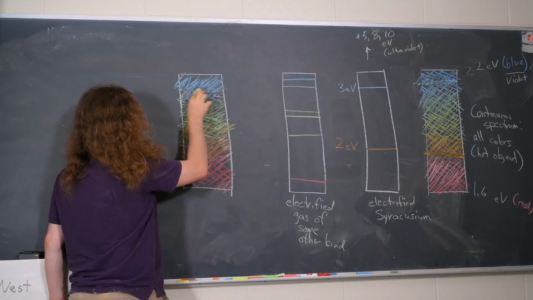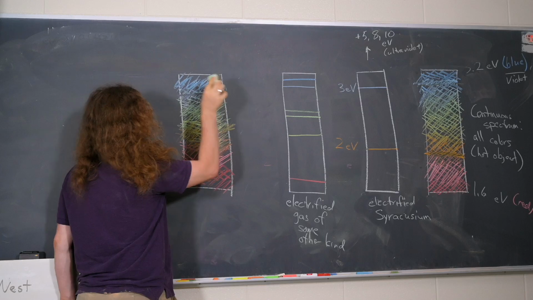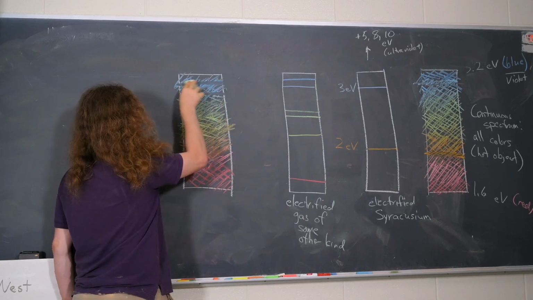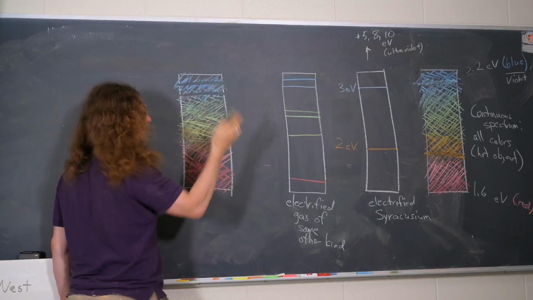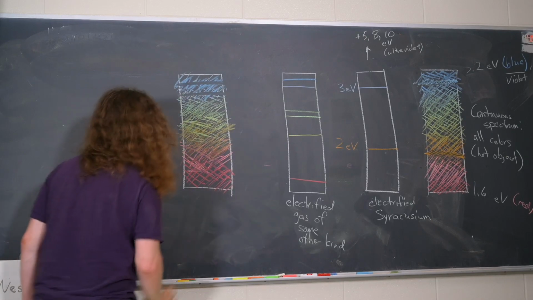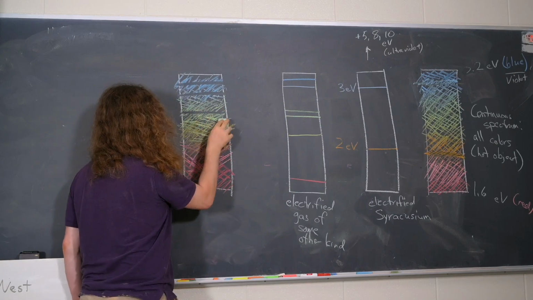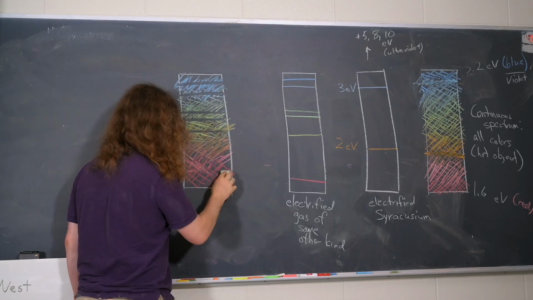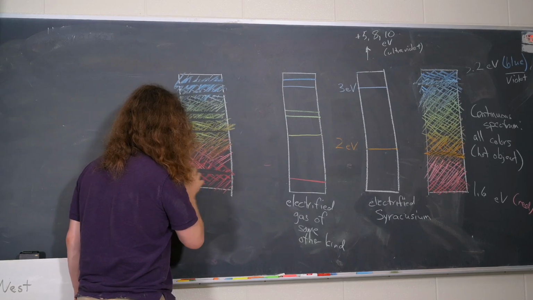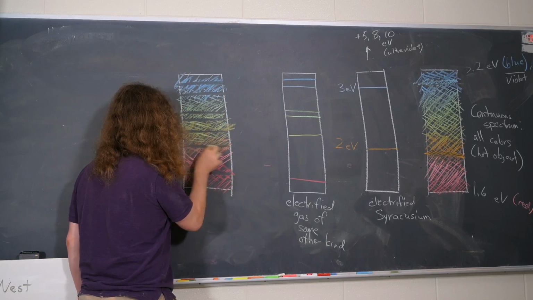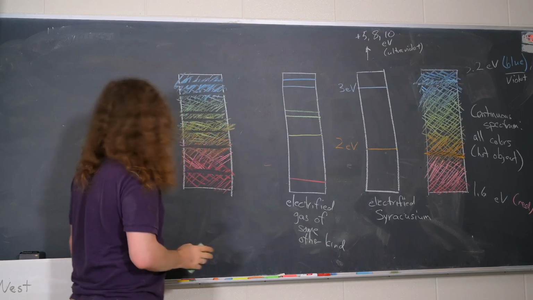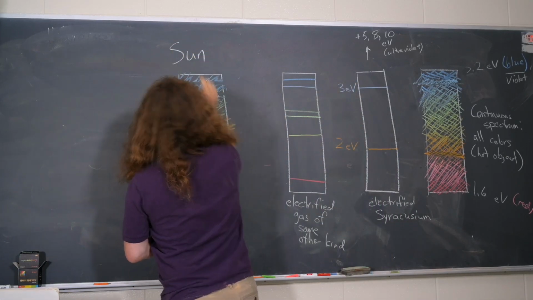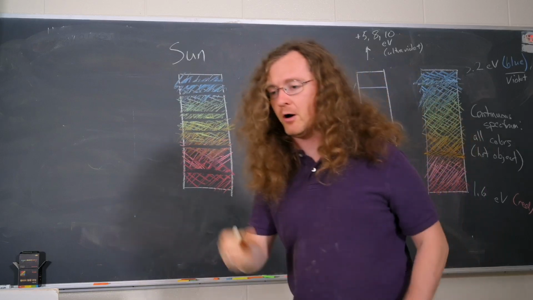So the sun kind of looks like this, except there are colors missing, right? My apologies that my eraser is a bit smudgy. But if you remember, it produces all of the colors, but with a few of them missing. So where'd the missing colors go?